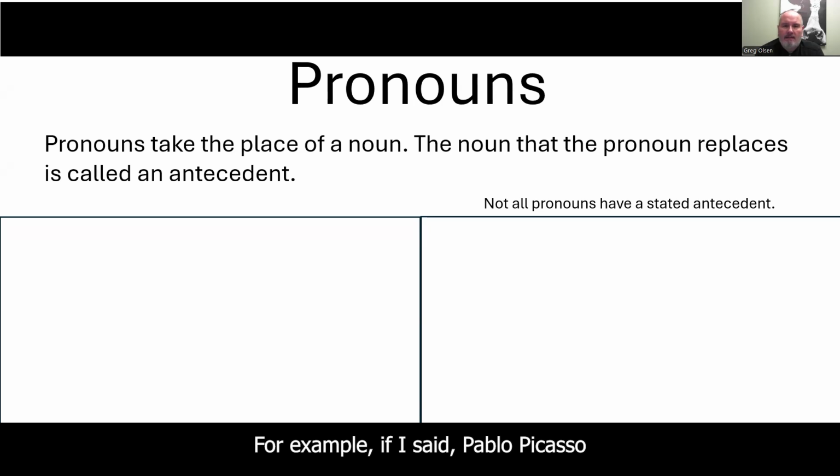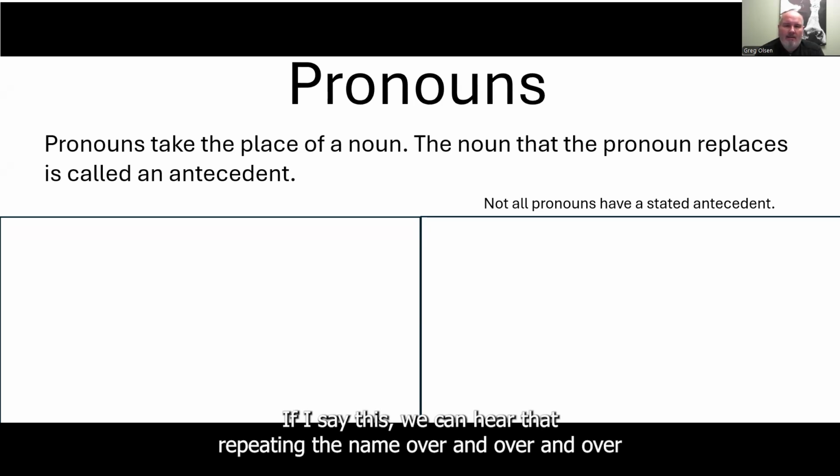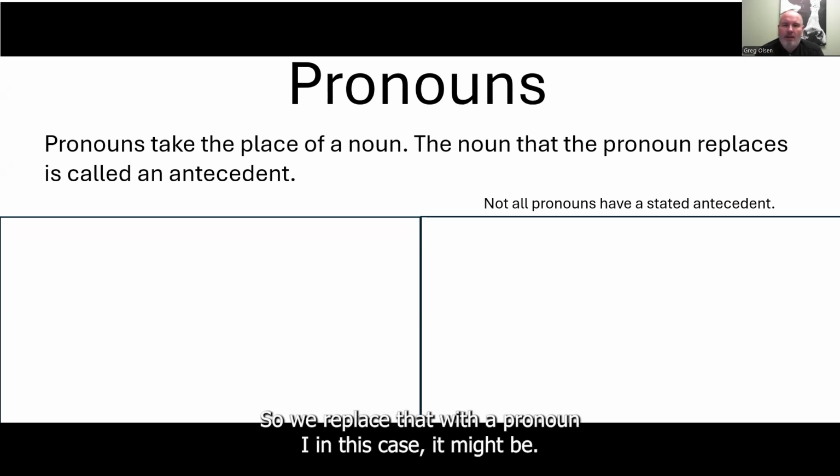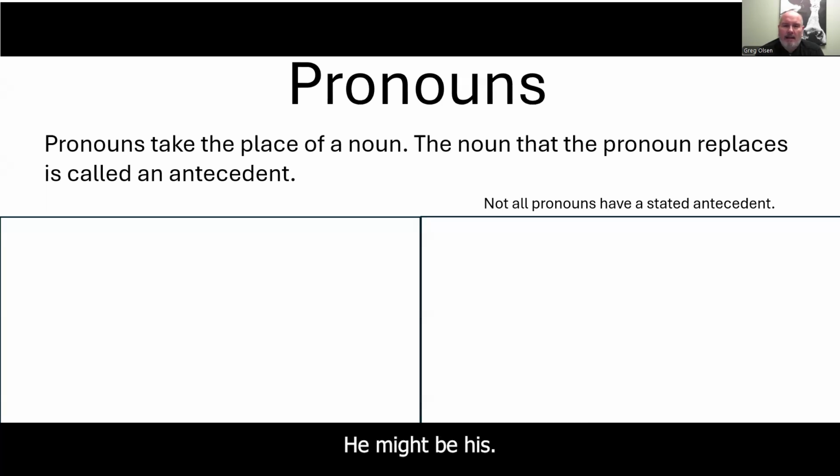For example, if I said Pablo Picasso took Pablo Picasso's career very seriously, and Pablo Picasso wanted to make Pablo Picasso's art look a certain way. If I say this, we can hear that repeating the name over and over sounds weird. So we replace that with a pronoun. In this case, it might be he, it might be his.